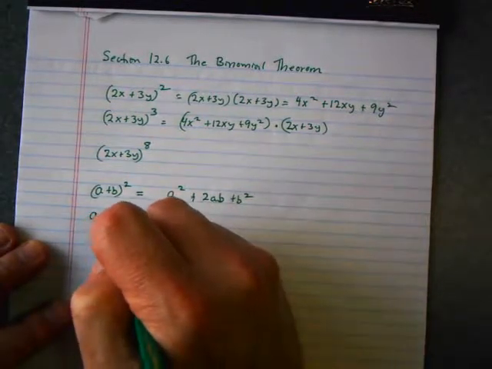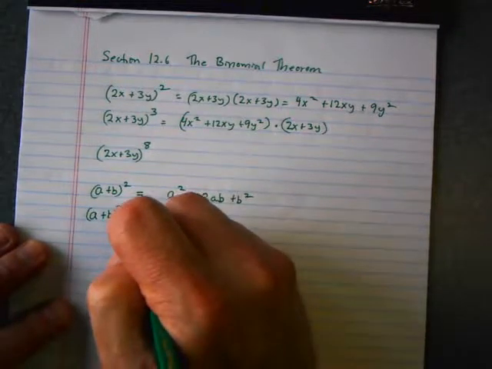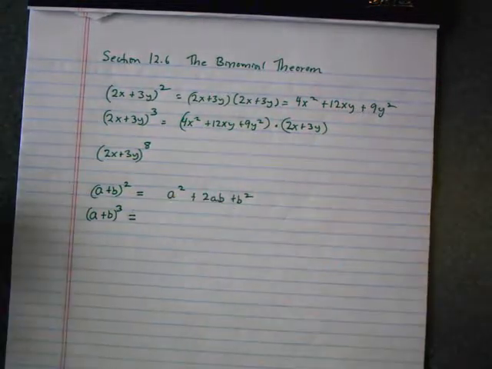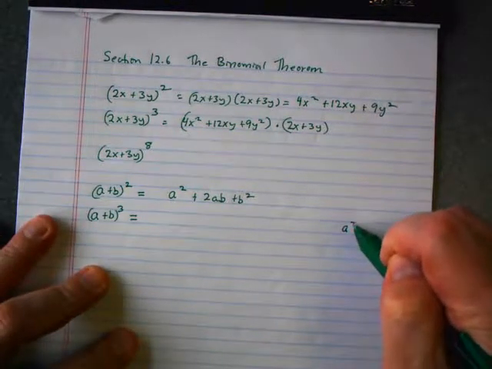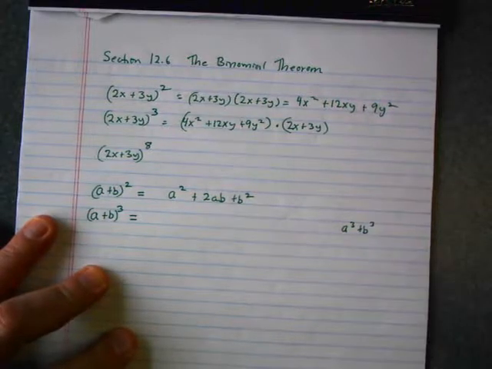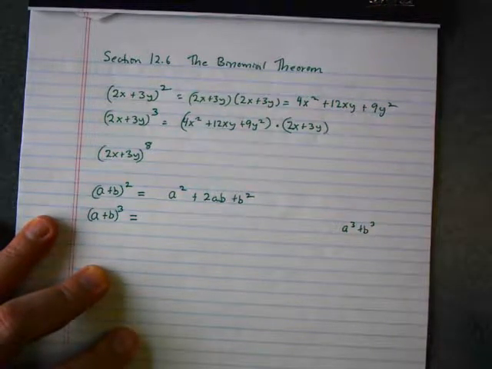All right, there's also a formula that you should have seen back in Math 1411 for cubing. Does anybody happen to remember the formula for cubing? You're thinking of a cubed plus b cubed. That's a completely different formula. All right.